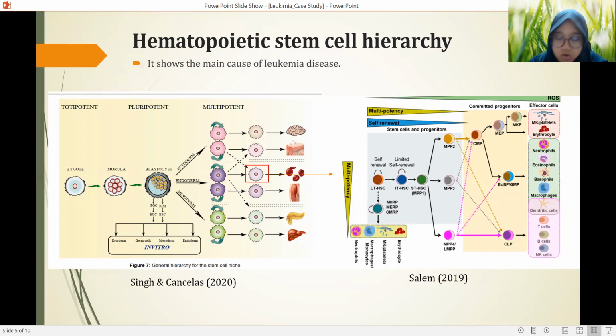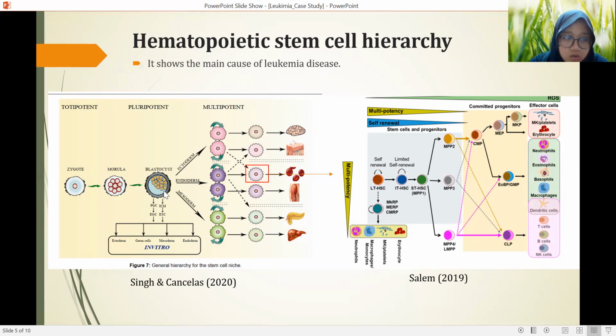Before we talk about the steps for conducting the allo-SCT treatment, we have to know about the hematopoietic stem cell hierarchy. This is the hierarchy of hematopoietic stem cells. The first one is the forming of the blastocyst from the embryo stem cell.